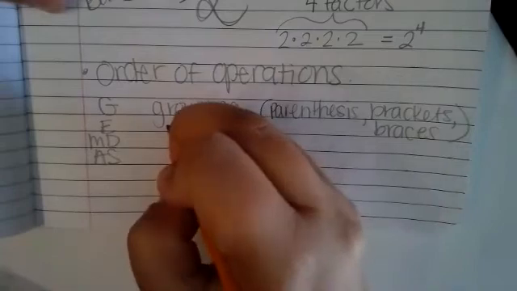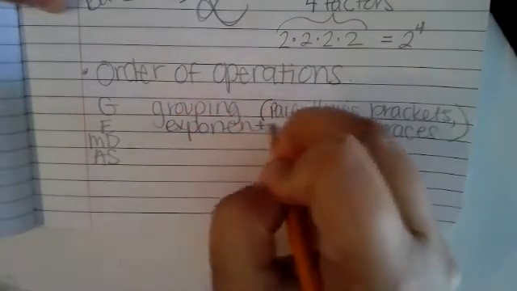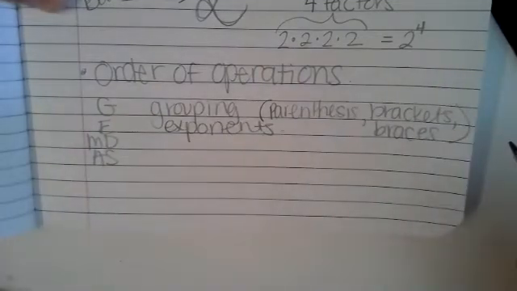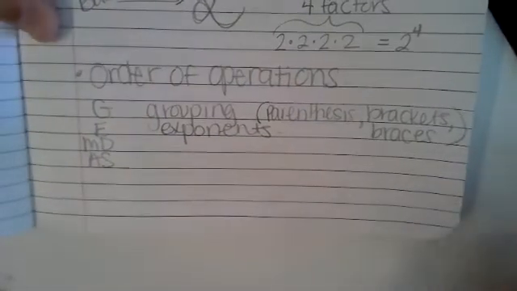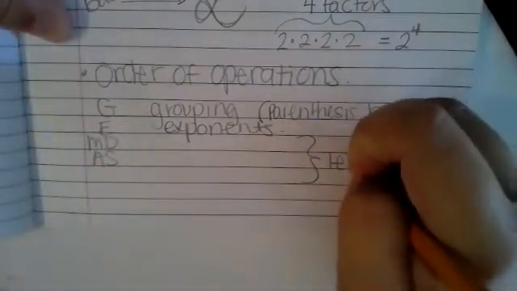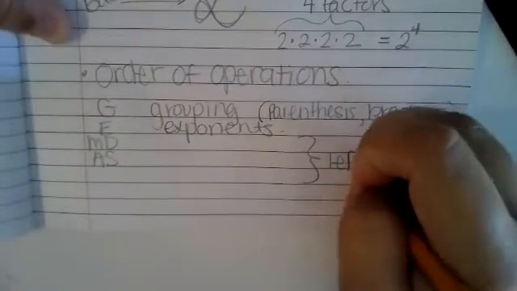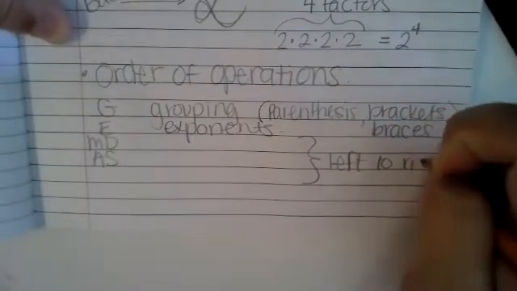The next thing I'm going to look for are exponents, and I'm going to simplify those by evaluating them. This next part is what I think is really important: left to right.